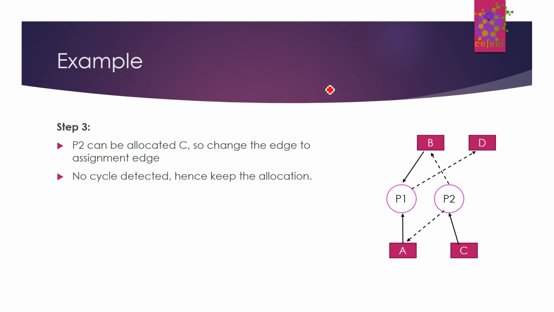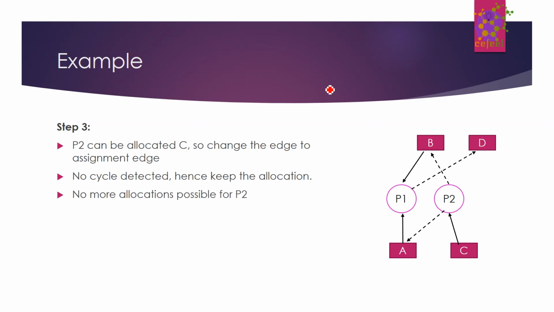So cool, at least P2 got allocated one resource, which is C. Now the other edge is P2A, but P2A edge we cannot convert to an assignment edge because A is already allocated to P1. Hence we have to leave P2 now and again repeat back step 3 with process P1.